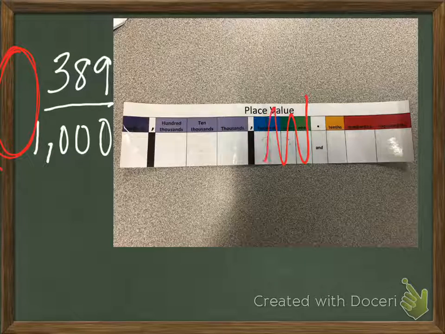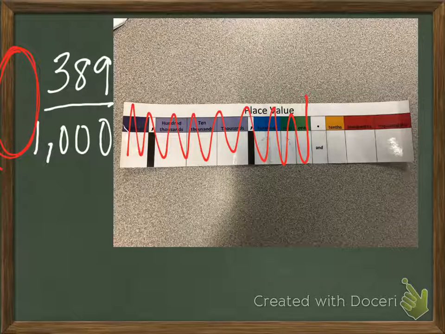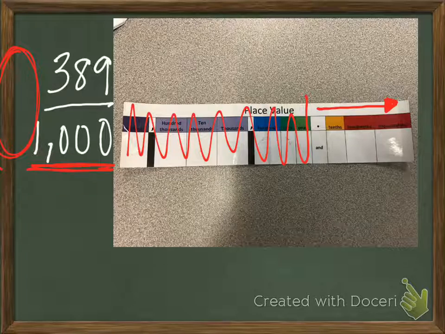That means we are not dealing with anything on this side of the chart. It's going to be everything after the decimal. And we know that it's over 1,000, so we know it's going to end in the thousandth spot.